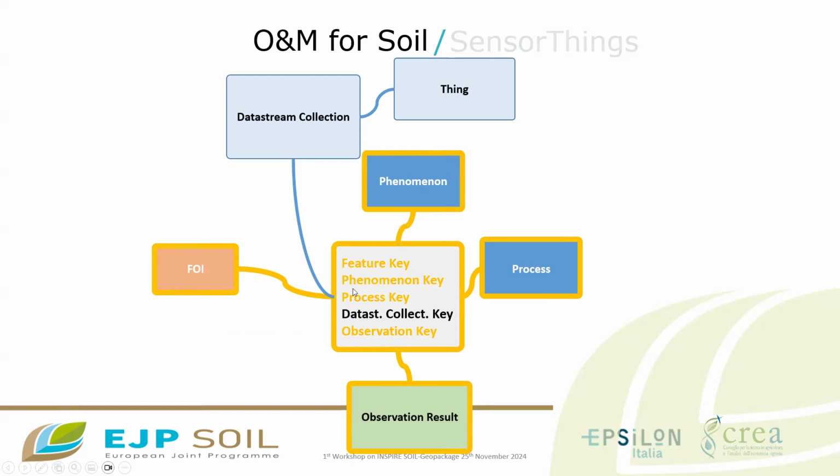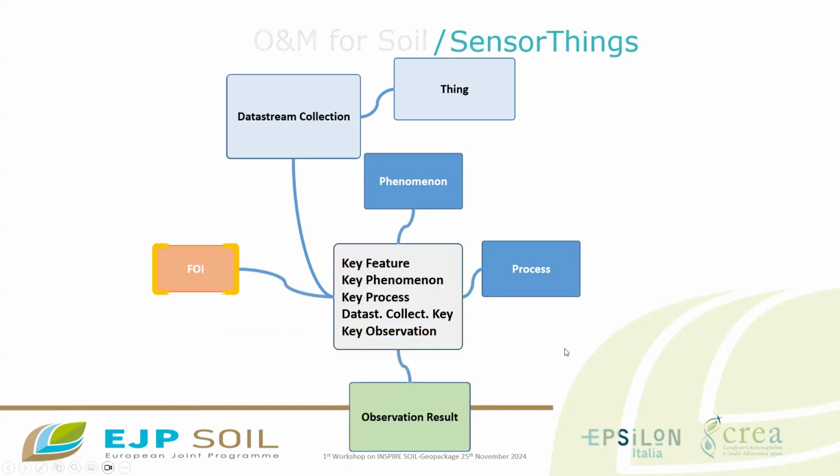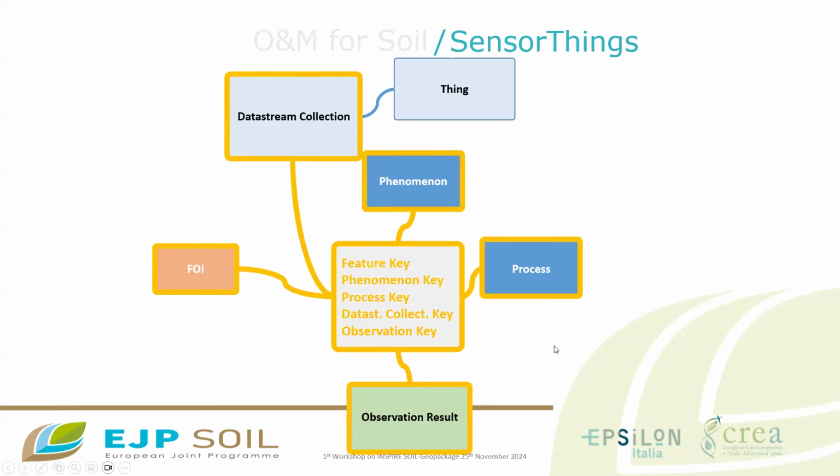So the data stream connects the phenomenon, the process, the observation results, and the feature of interest, so the relations to these classes. And then we have the data stream collection that contains the generic properties, such as the observed time, that are common to all data streams that belong to the data stream collection.